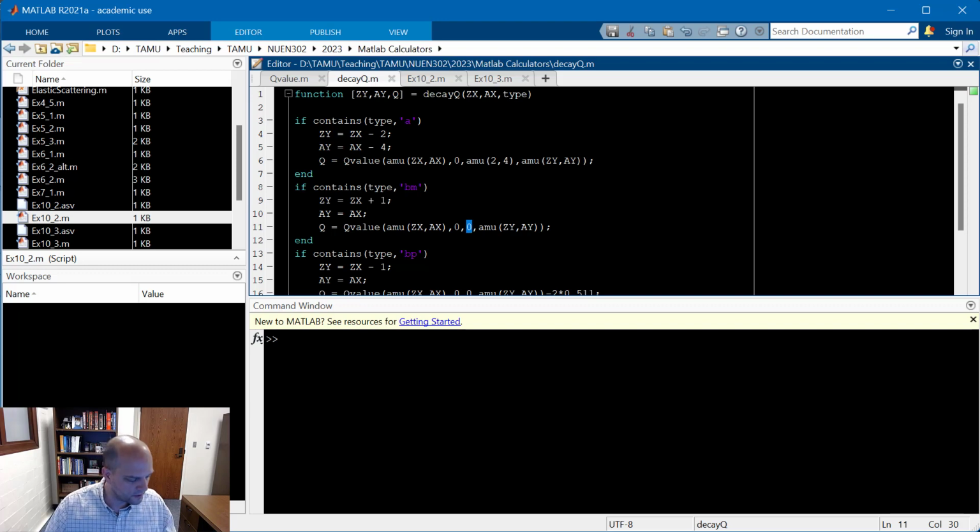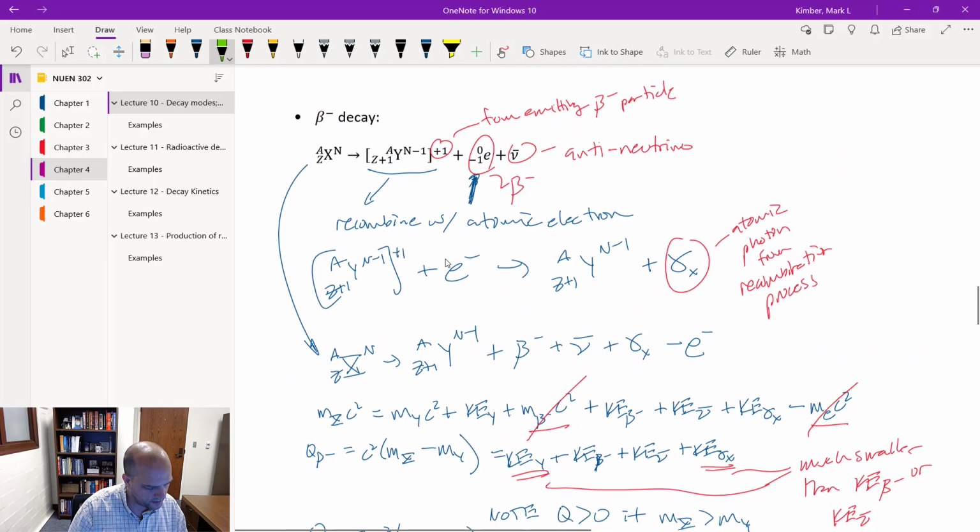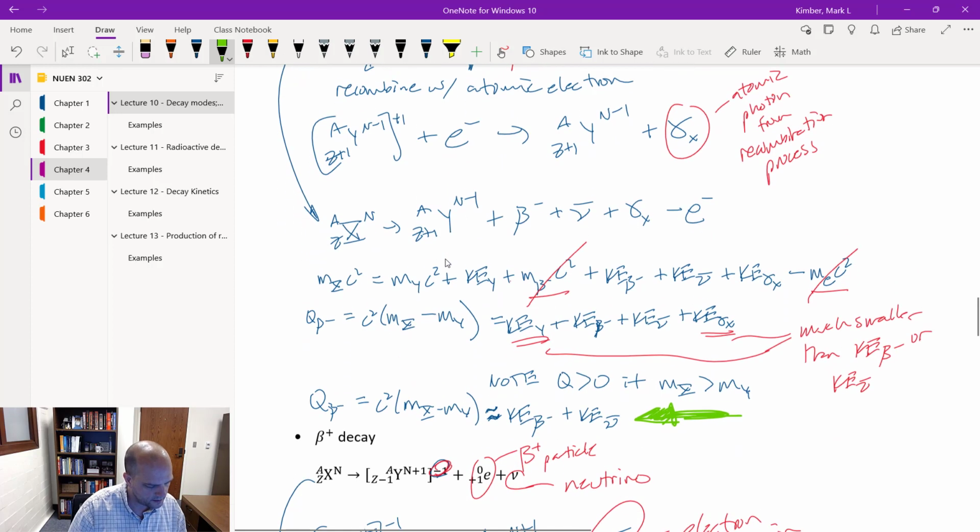So going back to our expression for the Q values, let's look here at the beta minus. So this here is the expression that I am wanting to calculate a Q value for. And so I don't have another mass. I just have the heavy particle on the reactant side and the heavy particle on the product side.